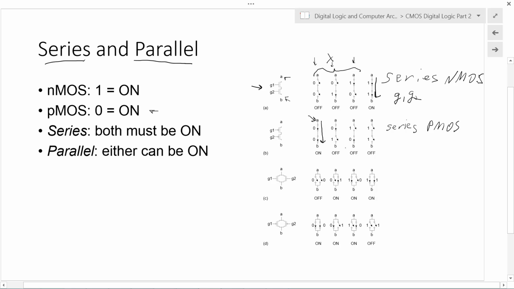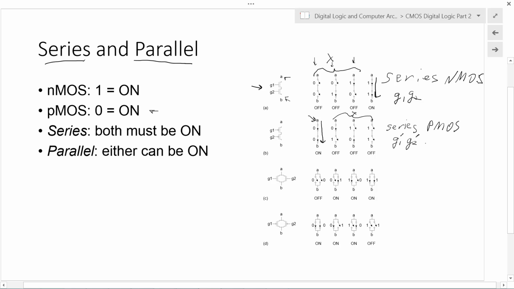If either G1 or G2 is equal to 1, then there is a disconnection between nodes A and B. So either G1 is 0 or G1 is 1 or G2 is 1 or both, in which case there is no connection. So this can be written as G1 prime, G2 prime.